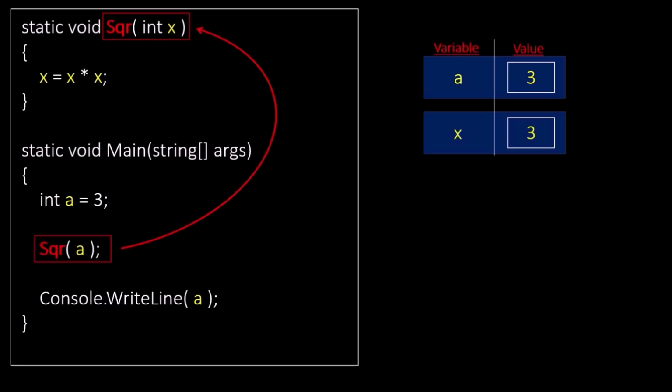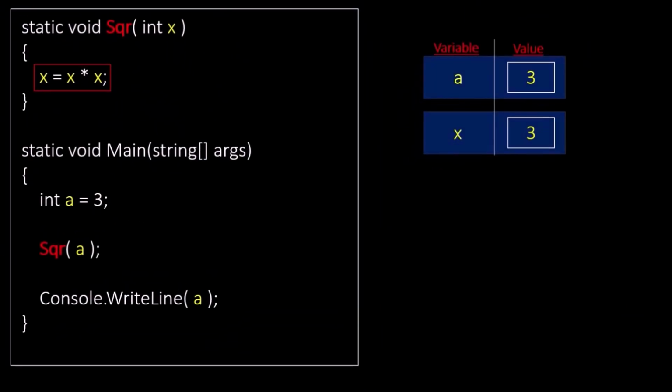Now inside the sqr method, the program runs this line x equal x multiply x. So that's 3 times 3, which equals 9. The value of x is now 9. But here's the catch.